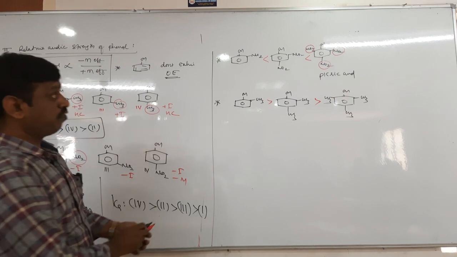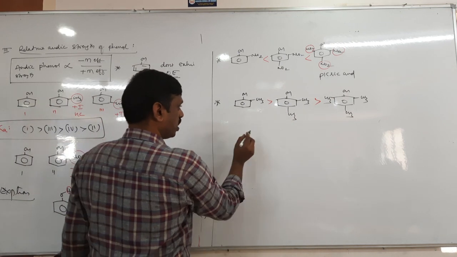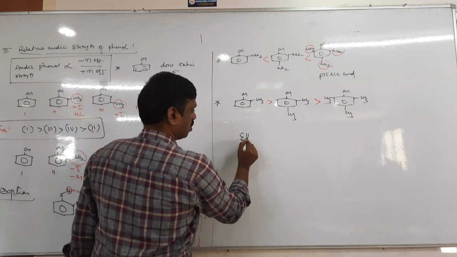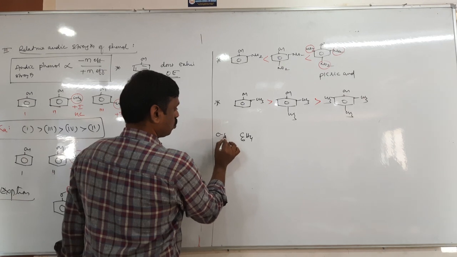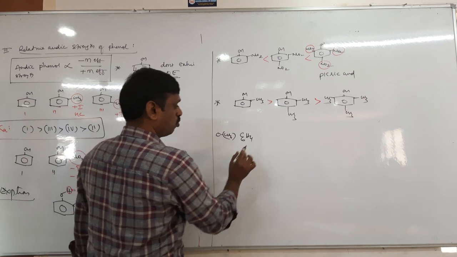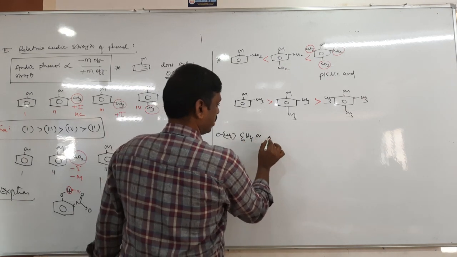Okay, in phenol now they will make you a question like this. It is C6H4, orthomethyl C6H4 OH.